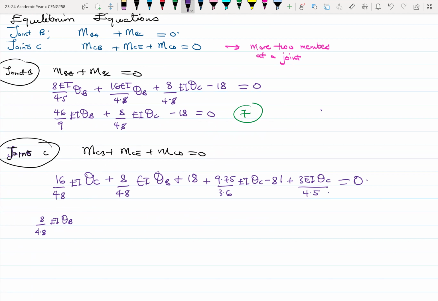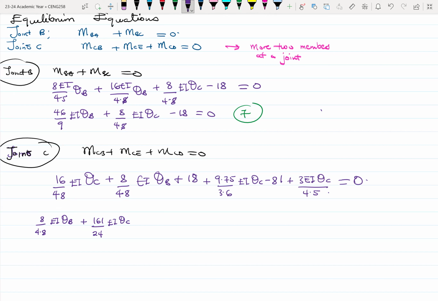There's a 16 over 4.8, and then, if you sum all of them up, you get what? 161 over 24 EI theta c. I like to leave my answers in fractions because I don't have to round anything up, and I'm sure that my answer at the end will be the most accurate that I can have.